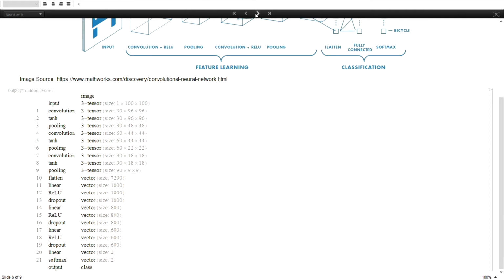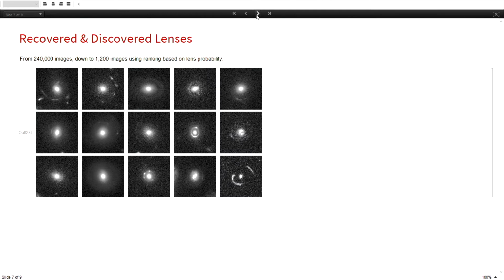All right. So does this work? Yes. I was able to find a few lenses, and then I was just testing this. Some of these lenses were previously known, and the way I find them is not by asking, is this a lens or not? It's by assigning a probability. So I assign a probability to a quarter of a million images, and then I rank them.